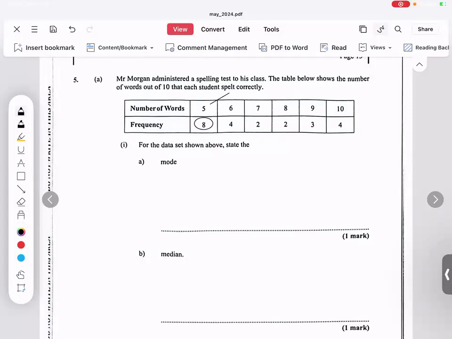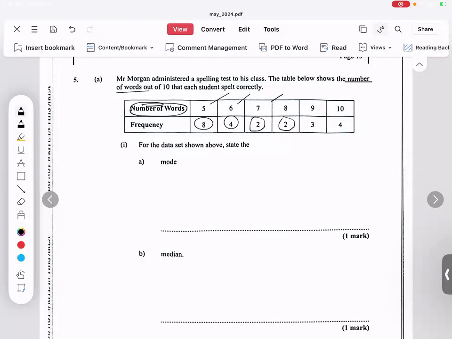So it says the table below shows the number of words out of 10. Basically, we had 8 students spelling 5 out of 10 words correctly. We had 4 students spelling 6 words out of 10 correctly. 2 students spelling 7 words out of 10 correctly.